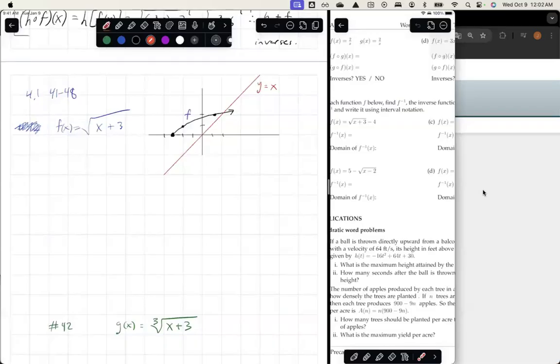So actually one way to find the inverse is by just using the graph and using symmetry and reflecting each of the points about the line y equals x, making mirror images of them about this line y equals x.